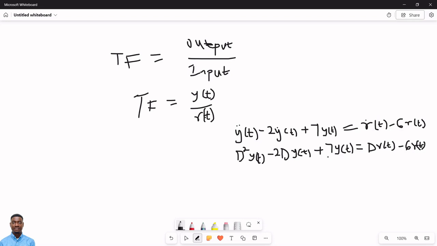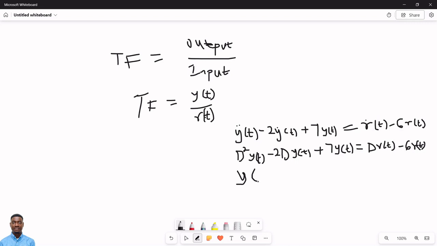Then what we need to do is to collect the like terms, or just say factorize by both the output and the input variable. Make sure your output is on the left of your equality sign.